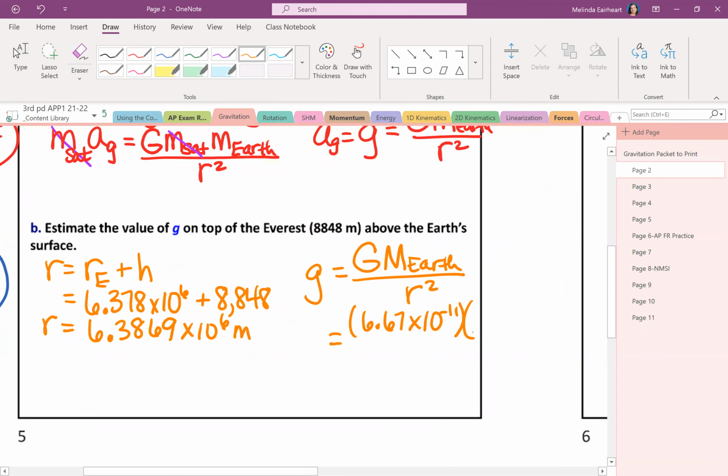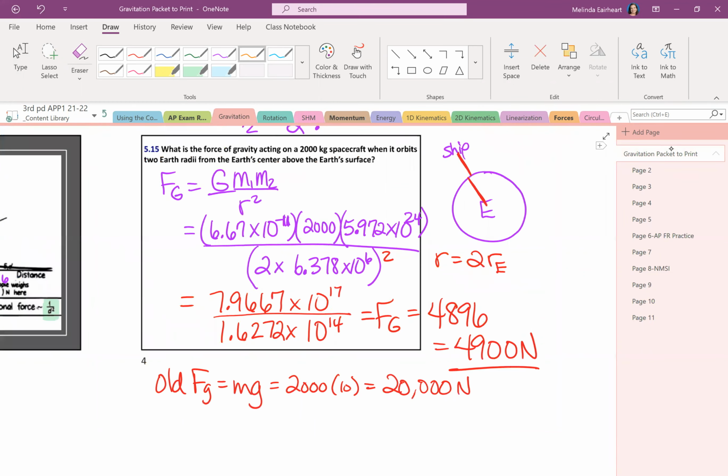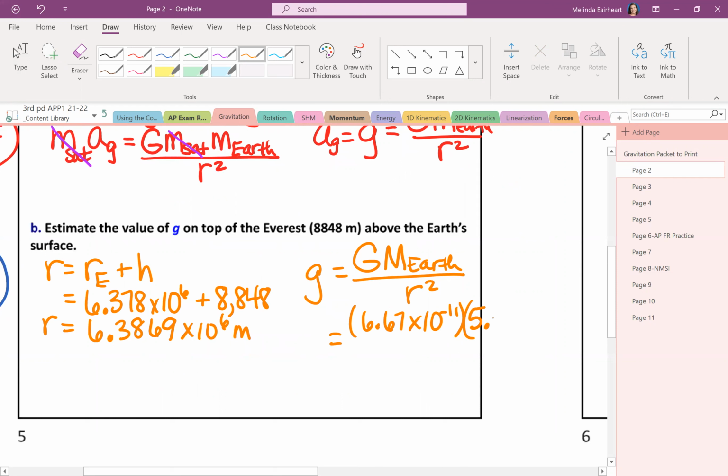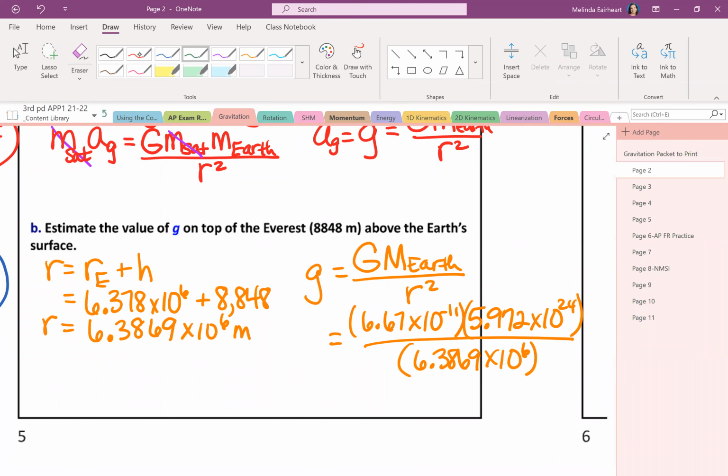Mass of Earth, again, I want to get my decimals right, 5.972 times 10 to the 24th, all over that 6.3869. Honestly, if we'd called that 7, that would have been just as good probably. But don't forget to square.